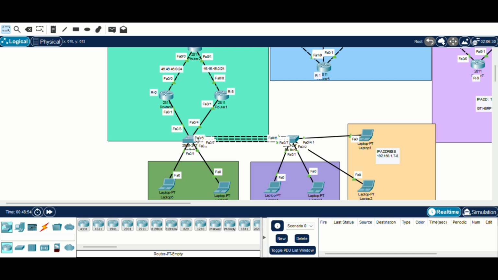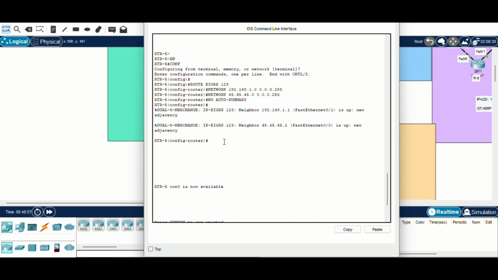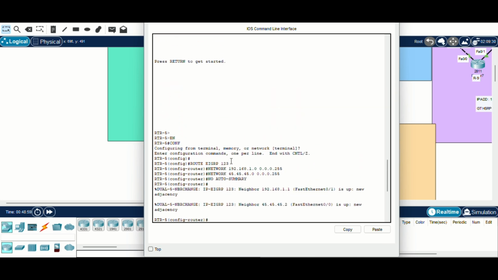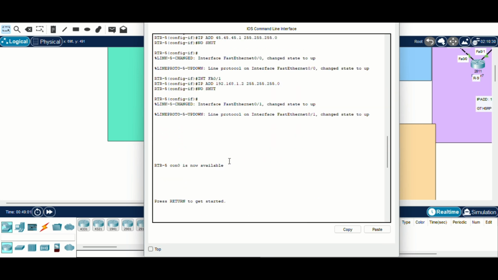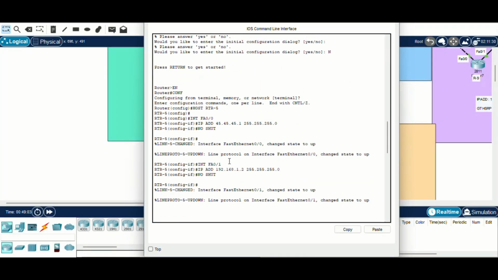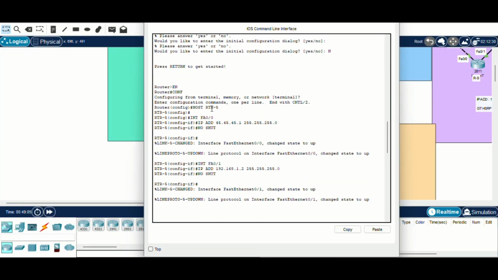And then after everything is connected, you go to router 5. In router 5, you can make router EIGRP on. For that you make the interface 0, the IP address is 45.45.45.1 with this subnet.